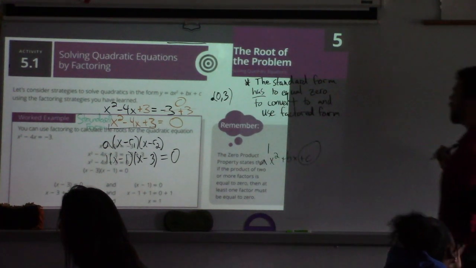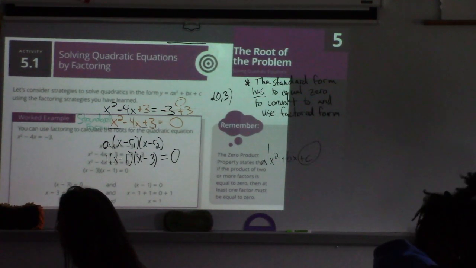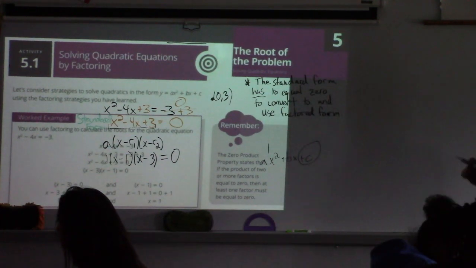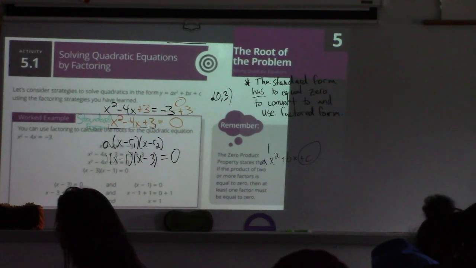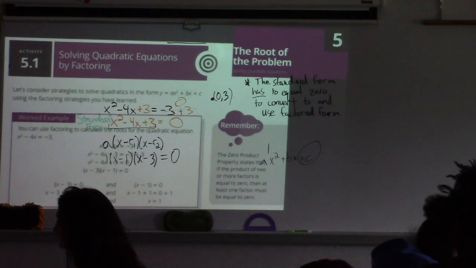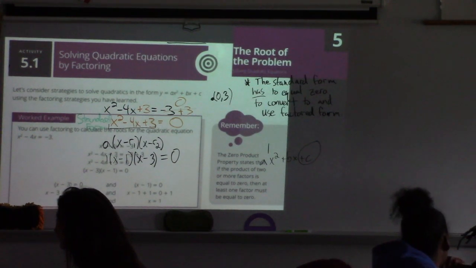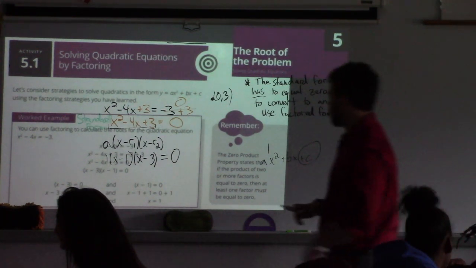The standard form has to equal 0 to convert to and use factored form. If it is not equal to 0, it will not work.